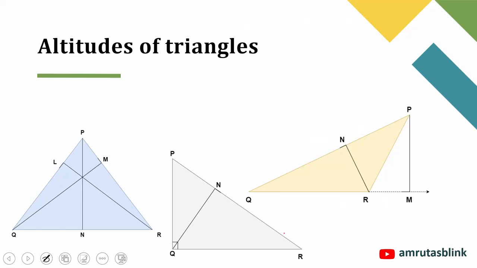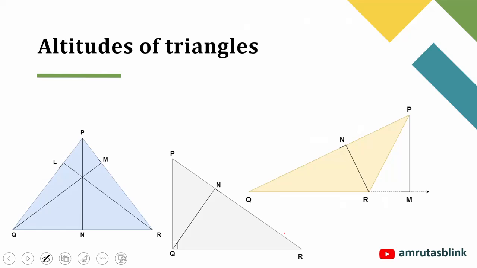And in case of a scalene triangle, let's say scalene triangle PQR, you can always draw a perpendicular RN to side PQ. But if I try to draw perpendicular PM to side QR, then that lies in the exterior part of the triangle.